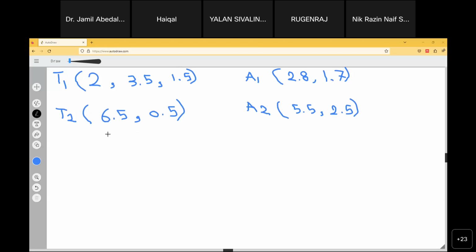Let's draw the timing diagram following the normal one without slack stealing. Please, students, follow my way of drawing the timing diagram. Exactly how I'm doing, you do. If you follow my way, it will be easier for the next coming scheduling. This is just fundamental. This is just the beginning.